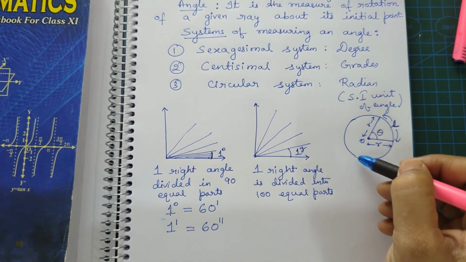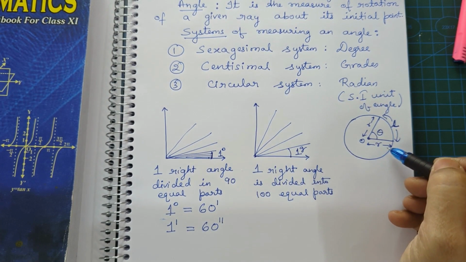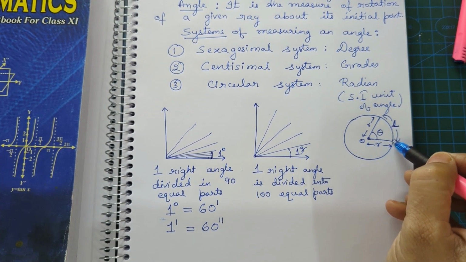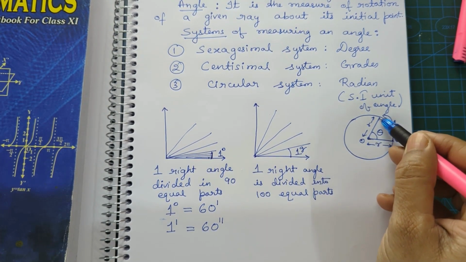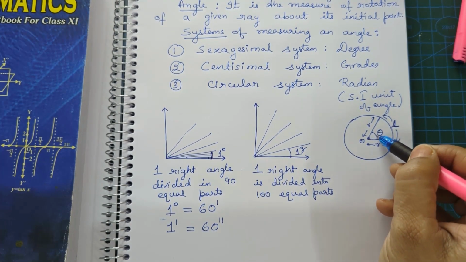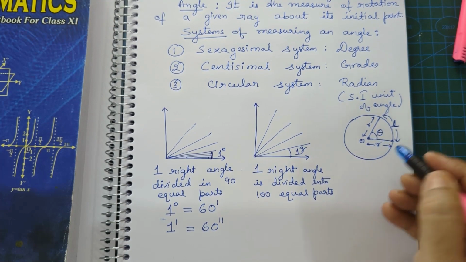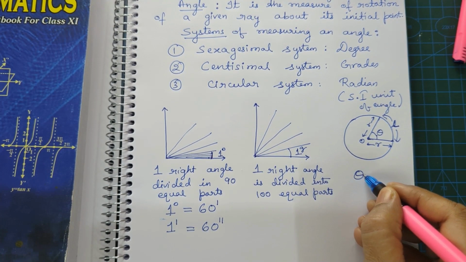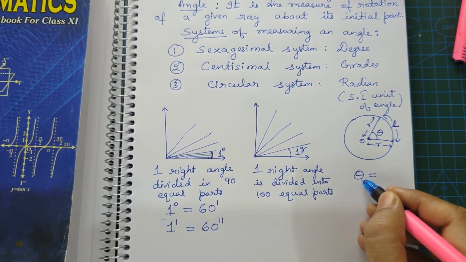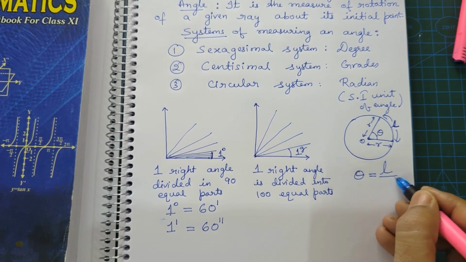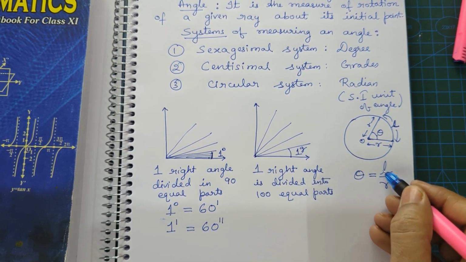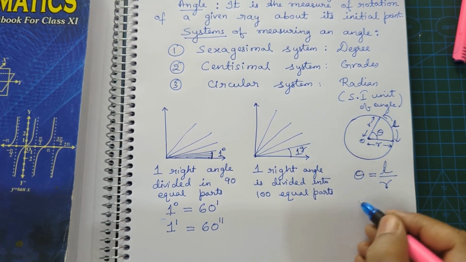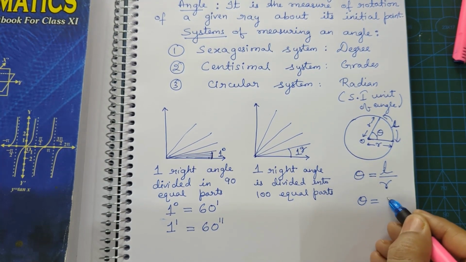In the case of the circular system, for a circle, if the length of an arc is the same as the radius of the circle, then the angle subtended by the arc at the center is called 1 radian. Since we know that the angle subtended by an arc of a circle at the center can be written as theta equals length of arc by radius of the circle, if the length of the arc and radius of the circle are the same, they cancel each other, and we get theta as 1.